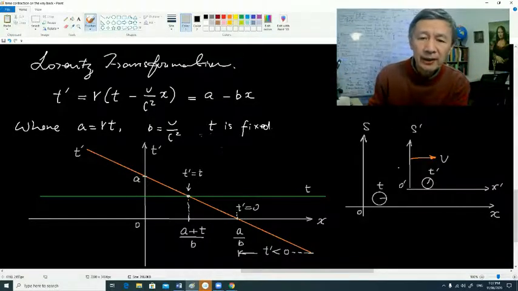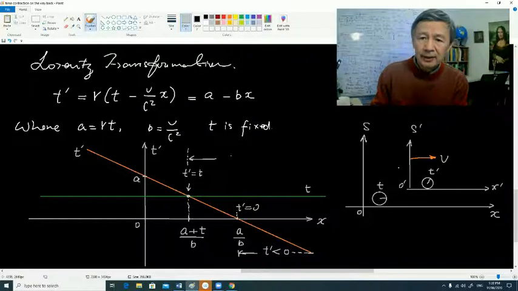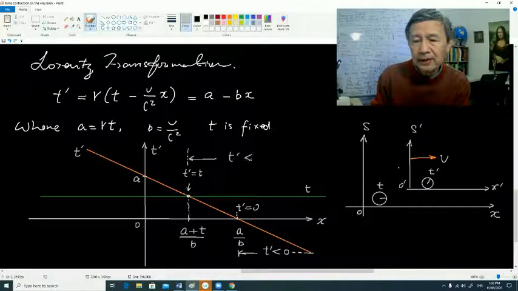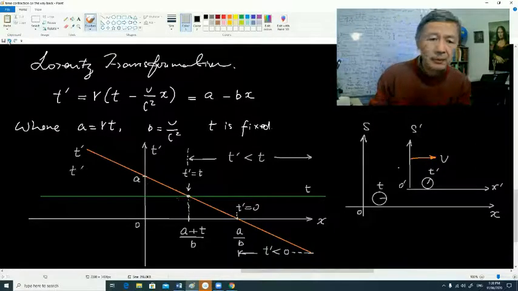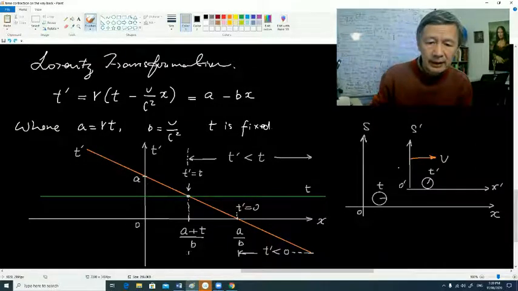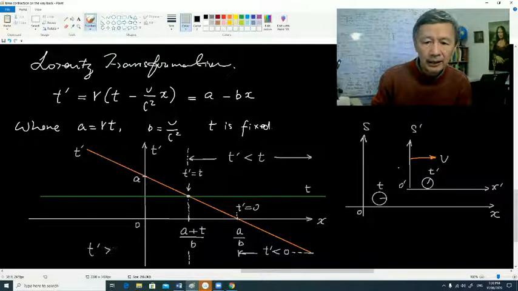Now something very interesting happens. You will notice that in this region, t prime is always smaller than t, as long as x is beyond this intersection. On the other hand, otherwise t prime is always larger than t. So there are two scenarios here.